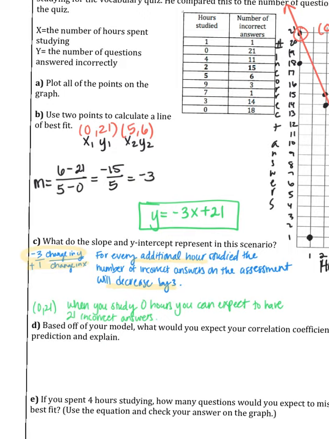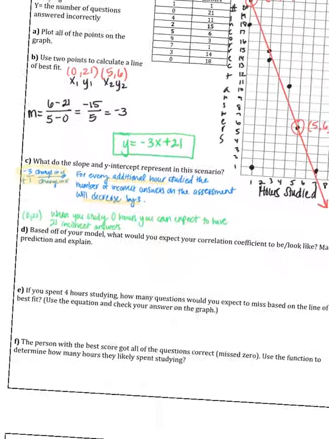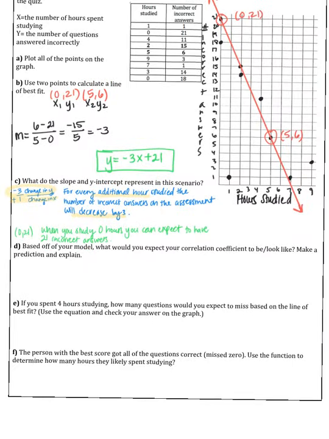Okie dokie, let's move on. It says right here, based off of your model, what would you expect your correlation coefficient to look like? Make a prediction and explain. I want you to do this on your own, and we're going to revisit it in class together tomorrow.